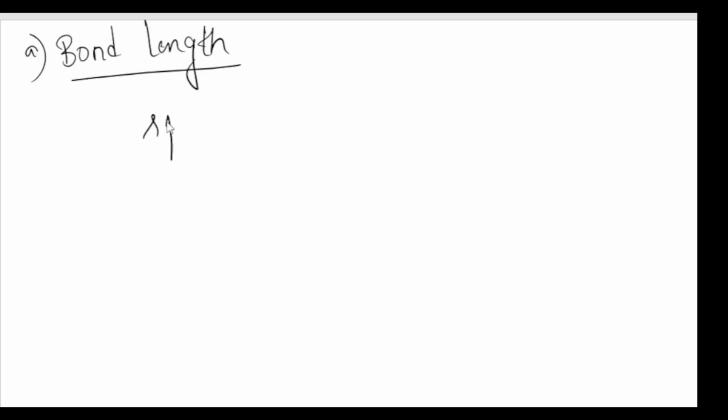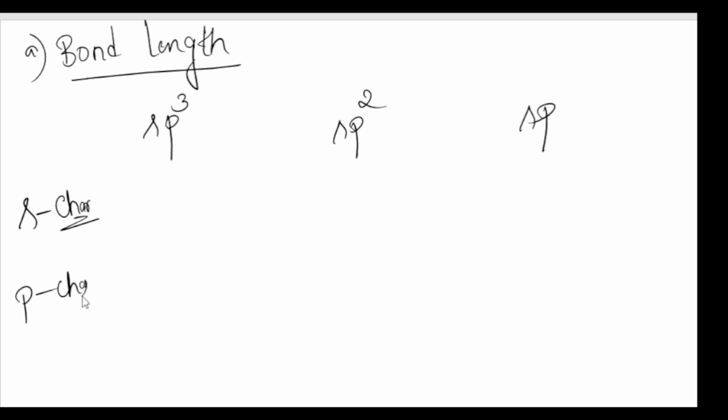Now we know there are three possible hybridizations: sp3, sp2 and sp hybrid orbitals. Now if I take s character in this, as well as p character, the s character is 25% in case of sp3, 33.33% here, and here it is 50%.